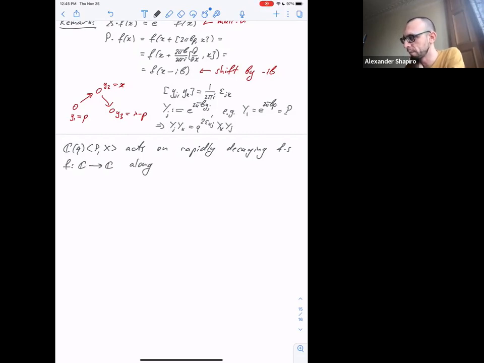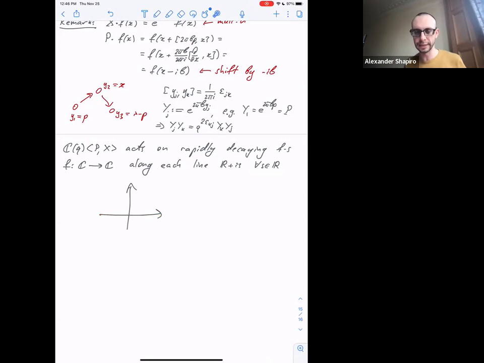each line of the form R plus iS, for any real number S, right? So if you wish, you can think of complex valued functions on the line that are rapidly decaying.